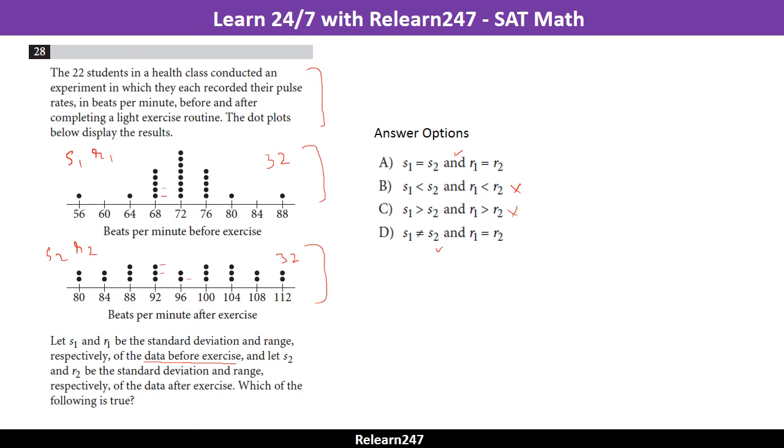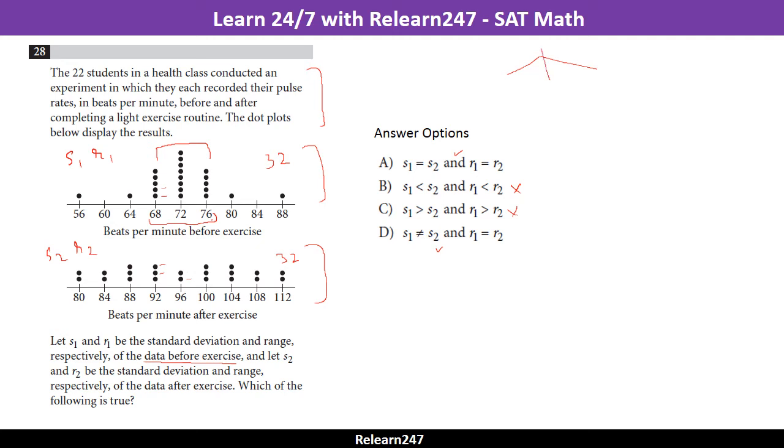If we look at graph 1, we will see that most of the students are clustered around the 68 to 76 range, right? So what would be the standard deviation in this case? The standard deviation would be pretty low, because all the students are clustered around this small range, right? Because standard deviation is nothing but deviation from the mean value, right?